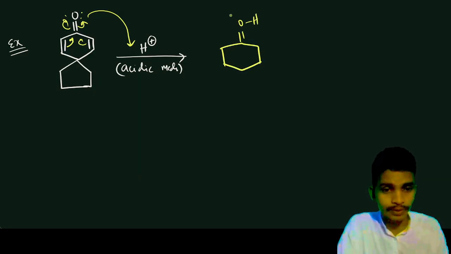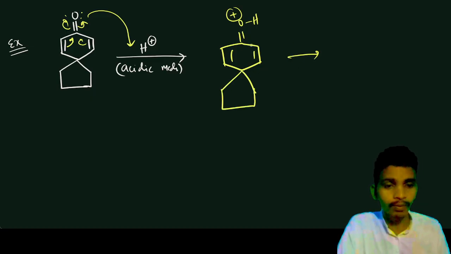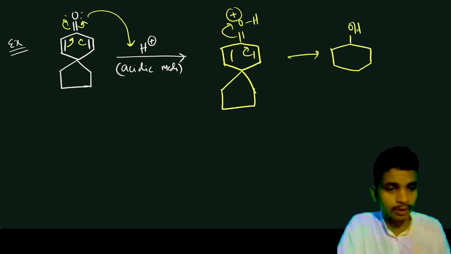This is going to O. This is a positive charge here, and this one, and here we have this 5-member ring. So now this shifts to here, and this is going to shift here. Then what will we get? That is going to be OH, and this is going to be a positive charge.